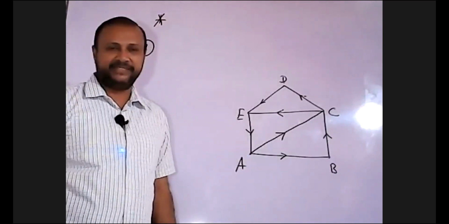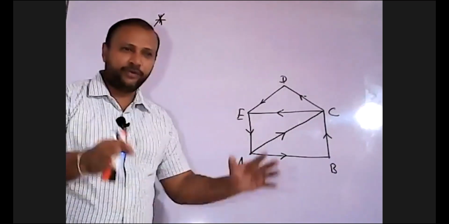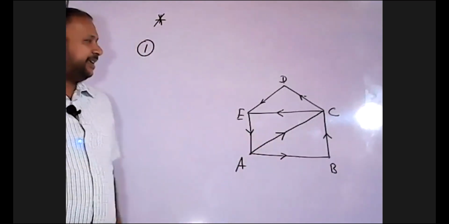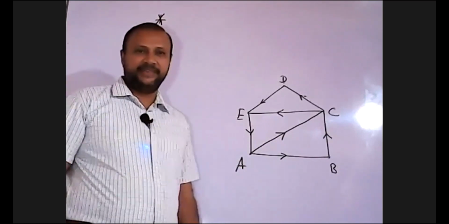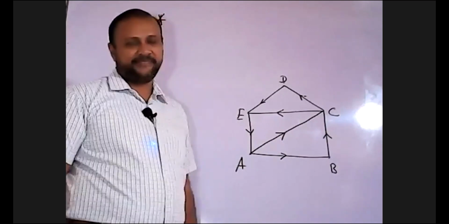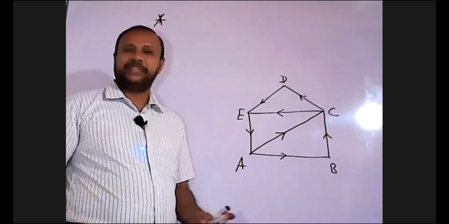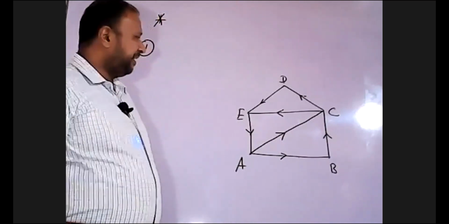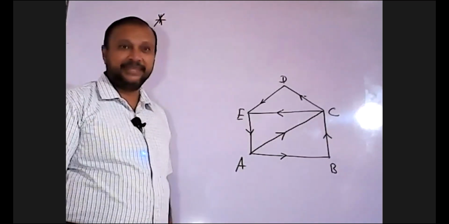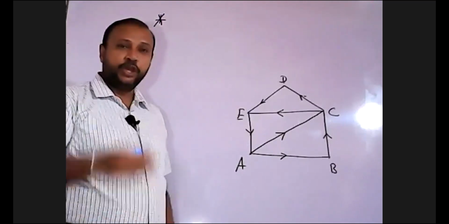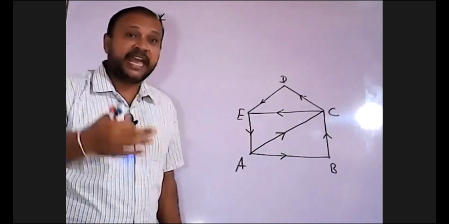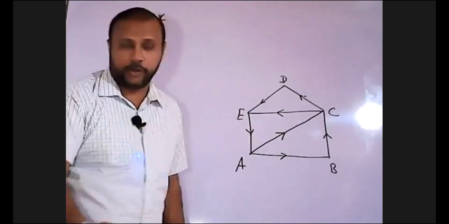How to reduce that? That means you have to reduce the number of vectors. This can be done using 3 methods. The first thing, as I said earlier, is the closed loop system. You have to look into this figure and find whether there is a closed loop or not.